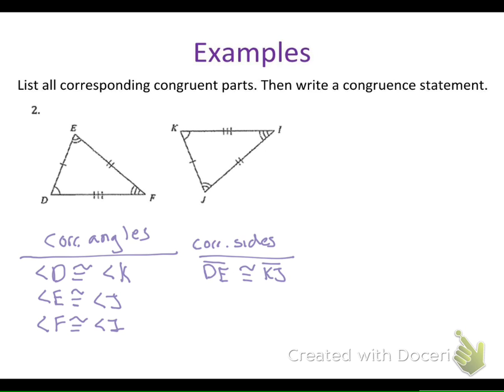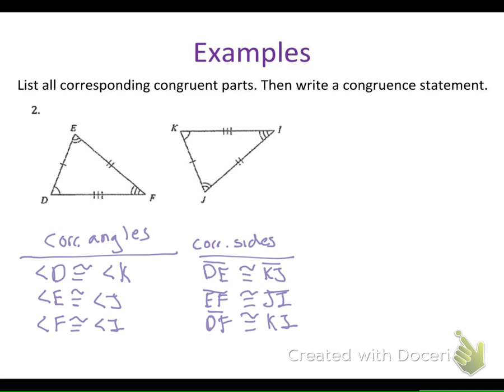Our next group, with two tick marks, is EF and JI. And our last one is DF and KI.